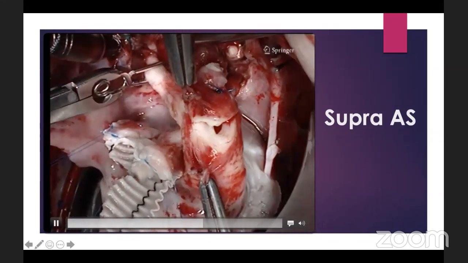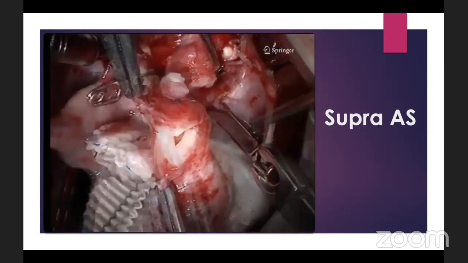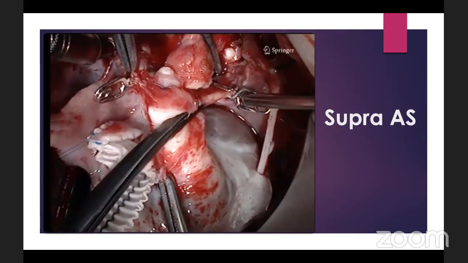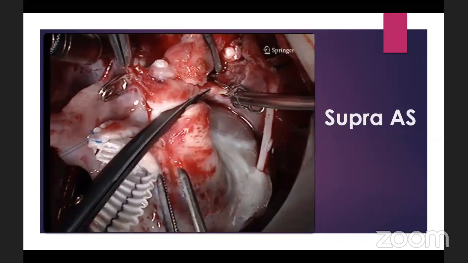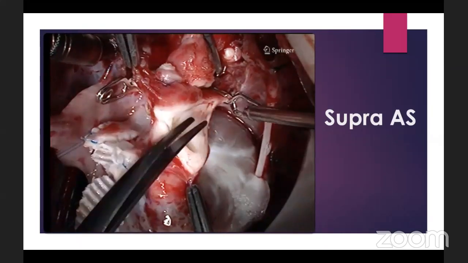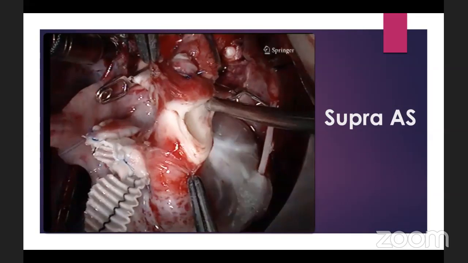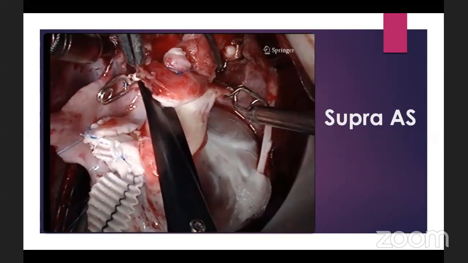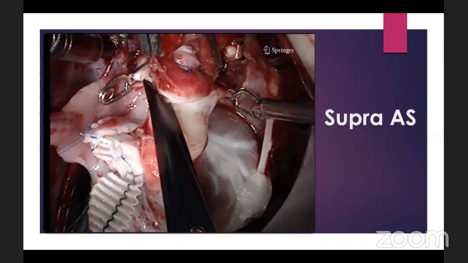Well, I guess it's kind of interesting to watch, so I'm just going to leave it running. Again, look at the thickness of this thing. From the outside, it looks okay, but it's a hair-like lumen, very thin.